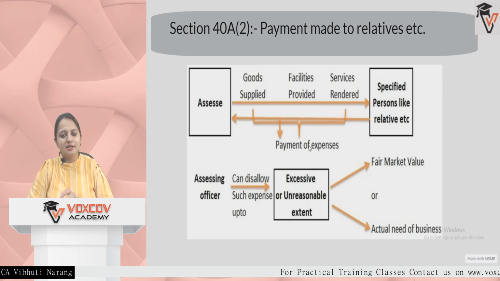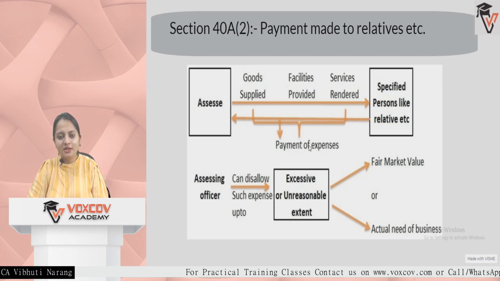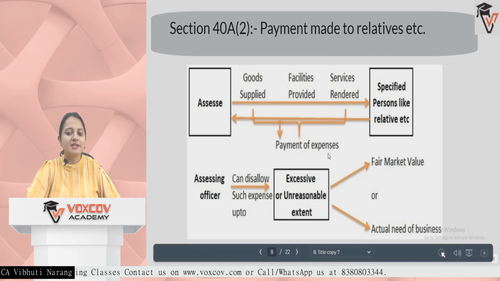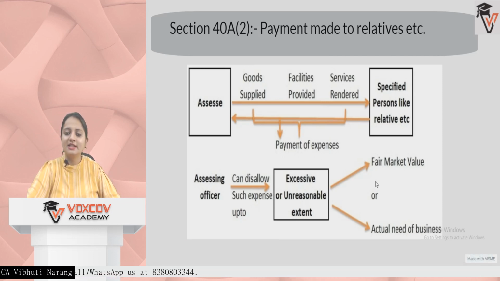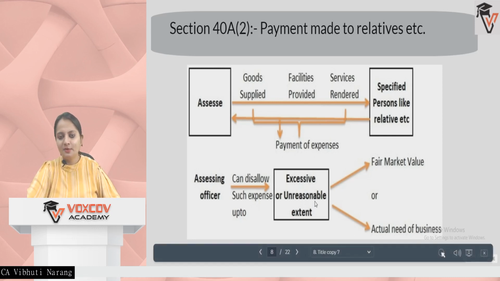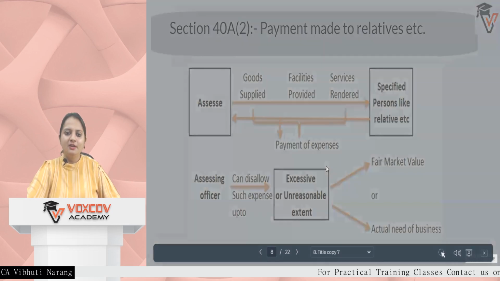So any such expenditure which is more than the fair market value or which is not in the actual need of business, the expense was not required in the normal course of the business, but still the assessee has done such expenditure to the relative, then the unreasonable or excessive part will be disallowed by the assessing officer.